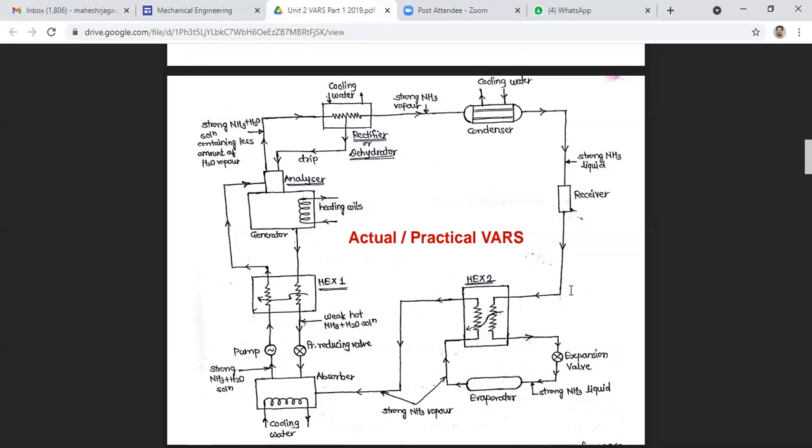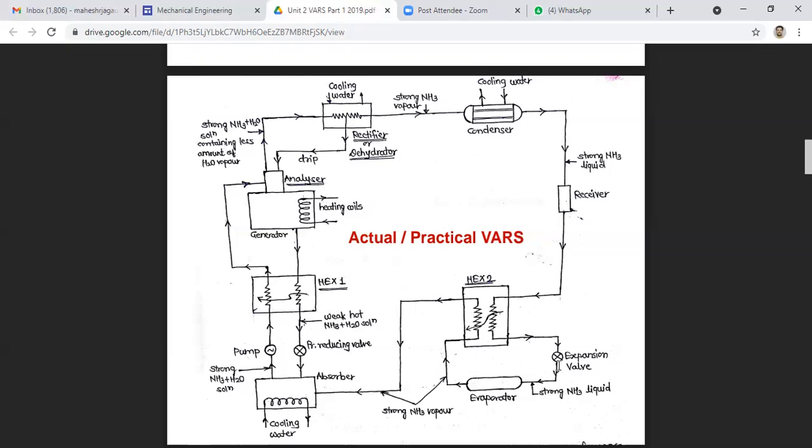And after that, this strong ammonia liquid passes through the second heat exchanger, and here heat exchange takes place, and the strong ammonia vapor extracts the heat from the strong ammonia liquid.